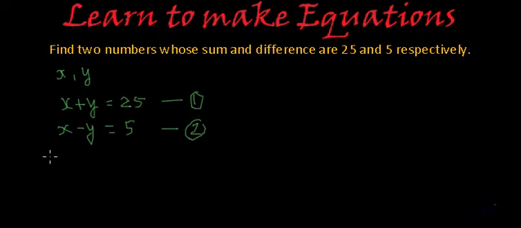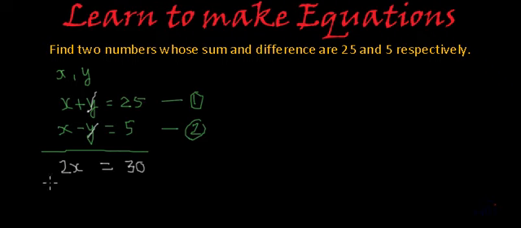So one way to solve these equations is add them. So if we add them, let's see what we get. We have plus x in the first equation and plus x in the second equation, but we have plus y in the first equation and minus y in the second equation. So if we add these two equations, this y and this y will get cancelled and x plus x will give us 2x, which will be equal to 25 plus 5, 30, right?